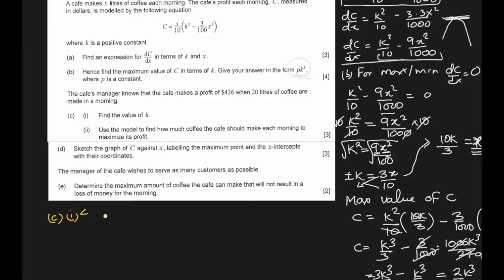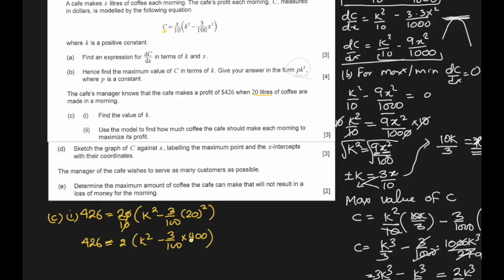426 is C, equal to x over 10 times k square, and they're saying x is 20 liters, so 20 over 10 k square, we don't know, minus 3 over 100 and 20 liters square. Okay, so 426 equal to 2k square minus 3 over 100 times 400. 20 square is 400.